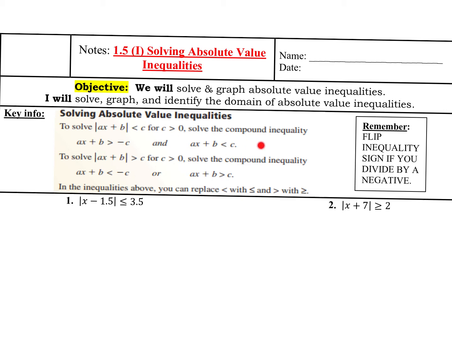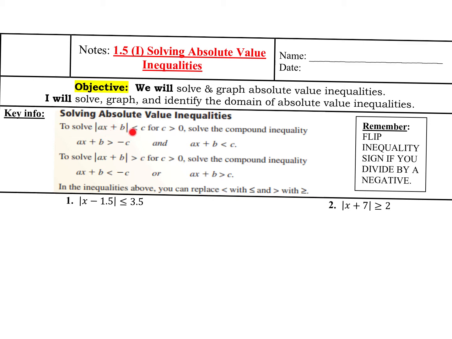At the top of this, I have a little snapshot that I took from the textbook. It probably confuses you if you read it out, especially if you've never solved an absolute value inequality. But the one thing I wanted to focus on was their use of the word "and" here and the word "or" there.